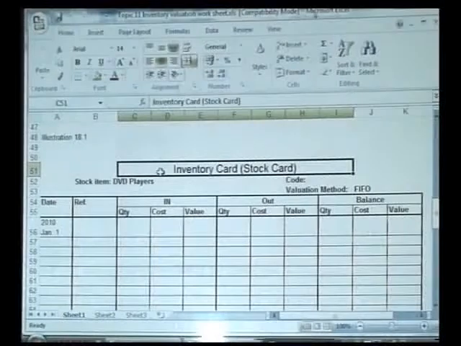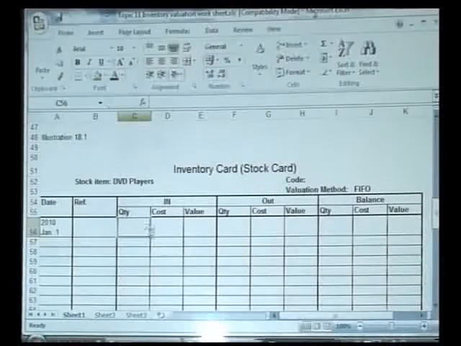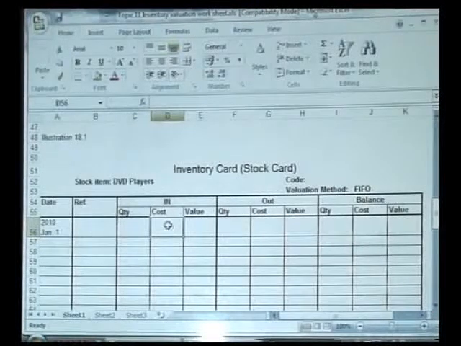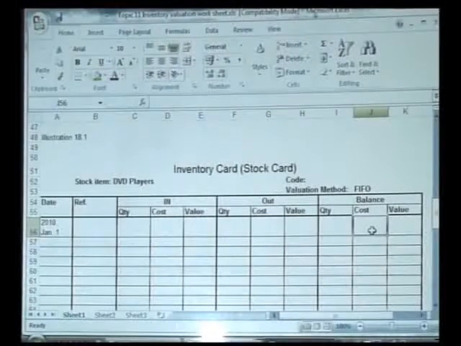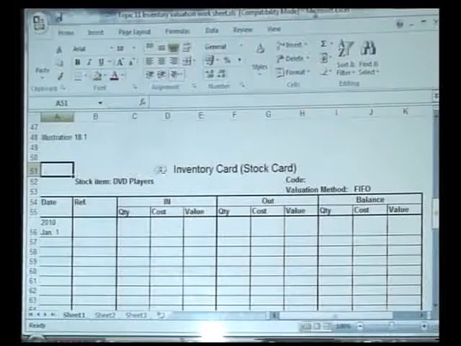This card records the items purchased and also changes like issues, and then finally the balance. So as you can see, this is the format for a stock card.